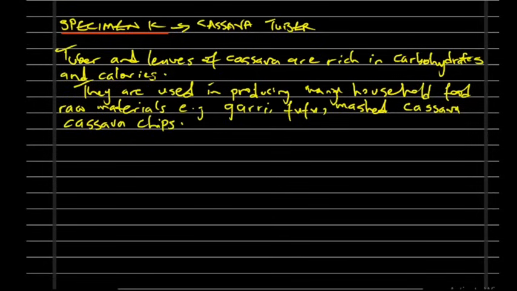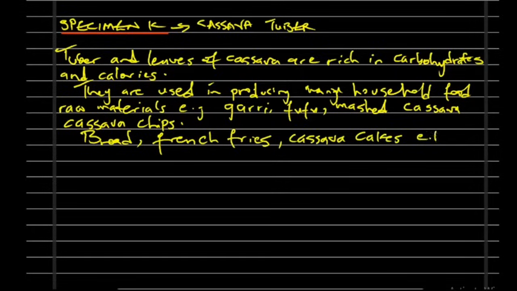All of these are some of the things that are gotten from this particular plant. You can also use it to produce bread, French fries, cassava cakes, etc. So we need to understand what this is talking about.